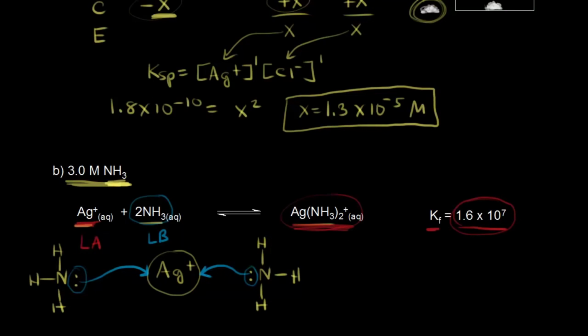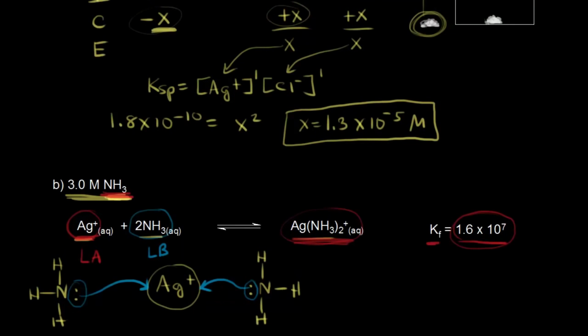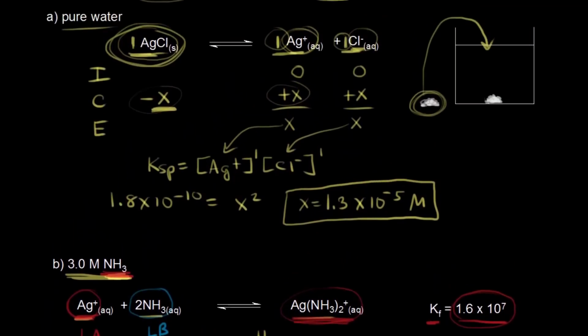So any silver ions that are in solution, if you have ammonia present, ammonia is going to pick up that silver ion and essentially remove the silver ions from solution. So if we go back up here and think about our equilibrium, if we have ammonia present, we're going to be removing silver cations from solution.